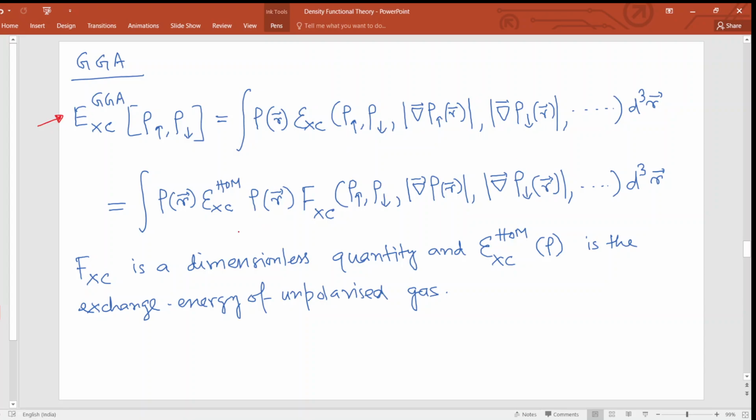Then you can finally get the expression equal to the integral over rho(r) epsilon_x homogeneous of rho(r), times F_xc, which is a function of rho up, rho down, del rho up, del rho down, dr. Here F_xc is a dimensionless quantity, and epsilon_x homogeneous is the exchange energy of the unpolarized gas, meaning there is no variation. So effectively we are taking into account the spatial variation also, in addition to the homogeneous part.